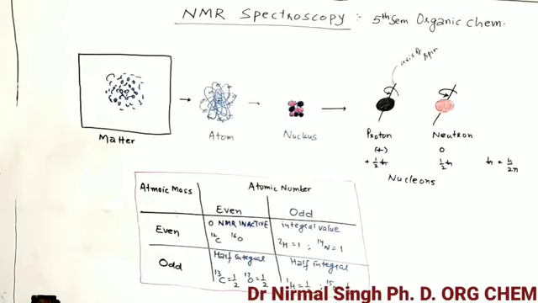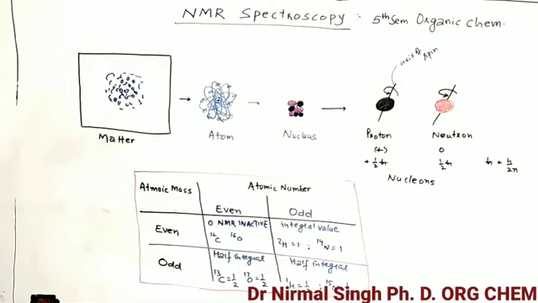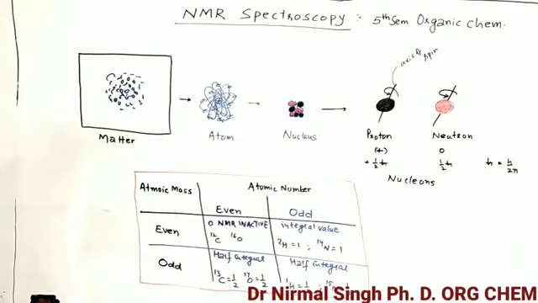Any molecule containing such elements with non-zero nuclear spin can be studied by NMR spectroscopy.